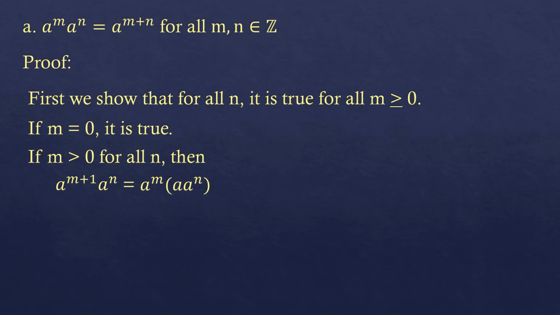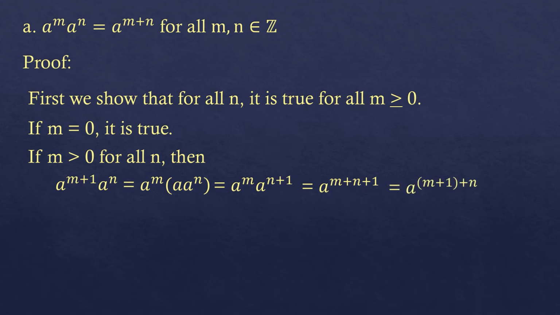Because of the plus 1, you can rewrite it as a to the m times a, and then regroup. Then we can combine a and a to the n, which is a to the power of n plus 1. And then we can combine them all back, so it becomes a to the power of m plus n plus 1.